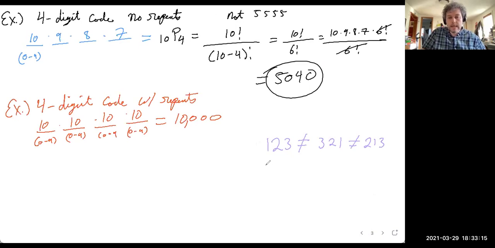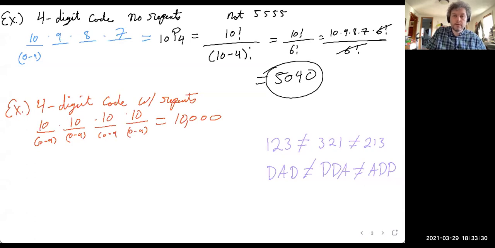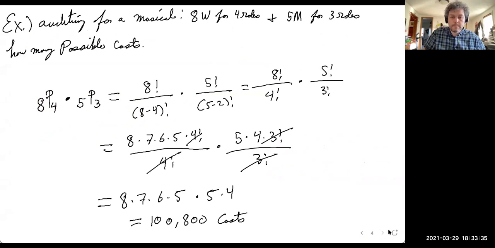Just like dad is not the same thing as DDA, is not the same thing as ADD. These are not the same things. So order matters with permutation. So that's something we have to keep track of. Okay. Now, hopefully that makes sense.